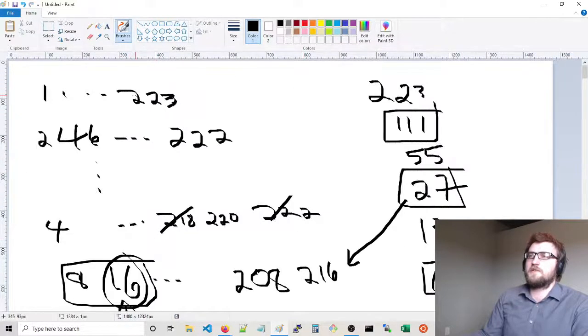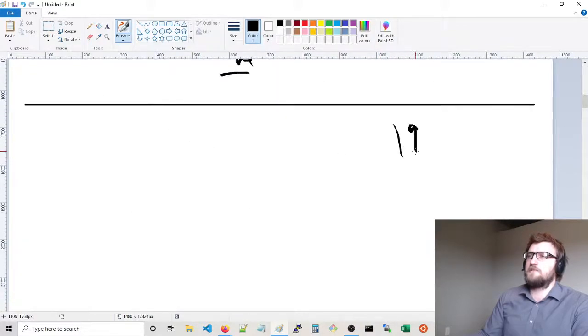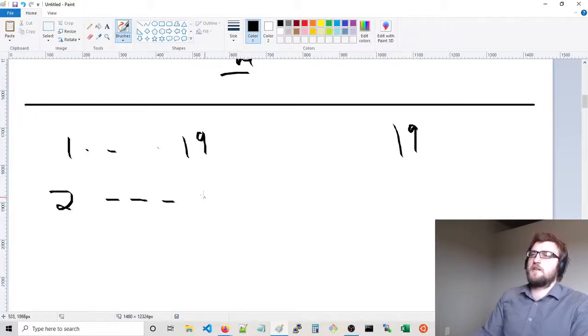Yeah, so let's try with another example. Let's do one of the ones we were looking at before. It's like 1 to 19. We would say, okay, we're definitely going to have 2 initially. And that'll get us to 19. Yeah, that'll get us to 18. And we said divided by 2 is 9, right? Floor.